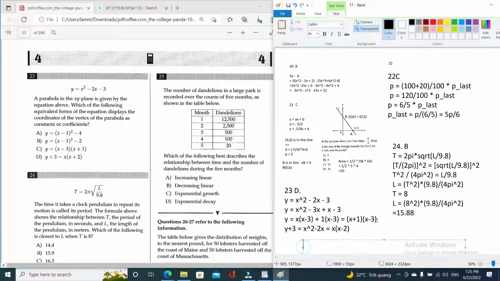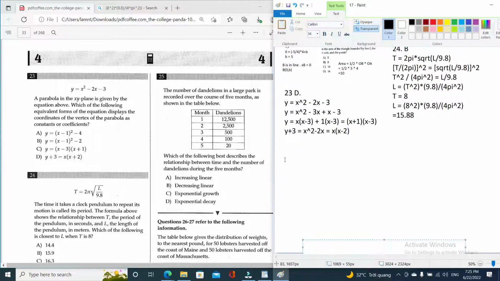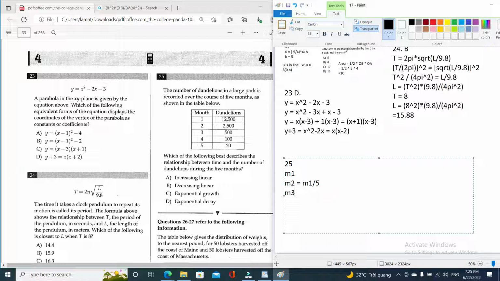You can clearly see that month 2 is equal to month 1 over 5, right? Easily seen. And month 3 is equal to month 2 over 5, and month 4 is just month 3 over 5, right?